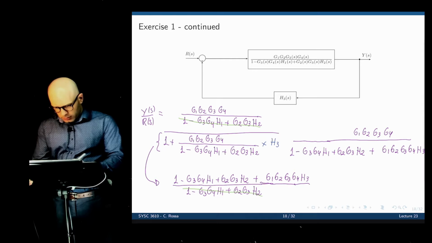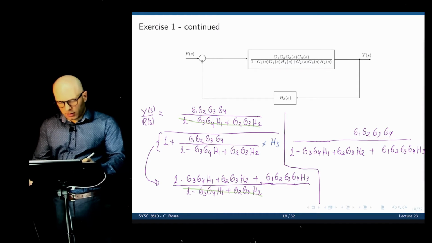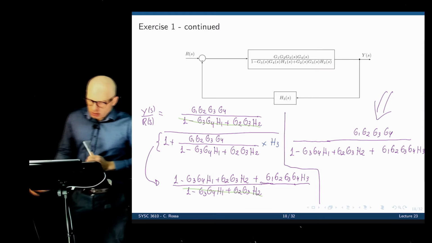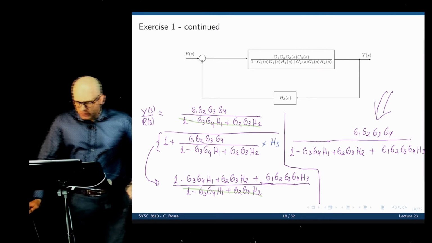And this is the final transfer function.